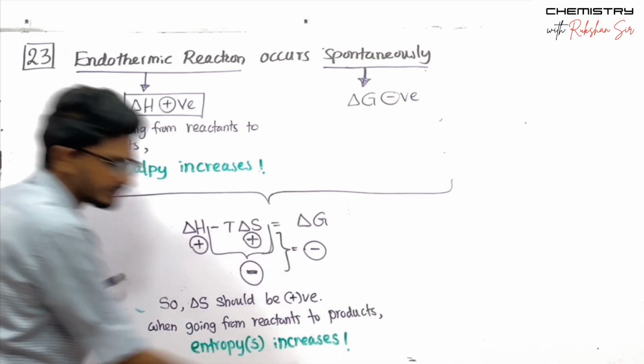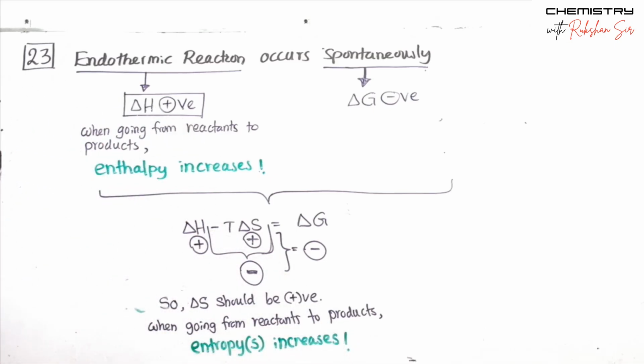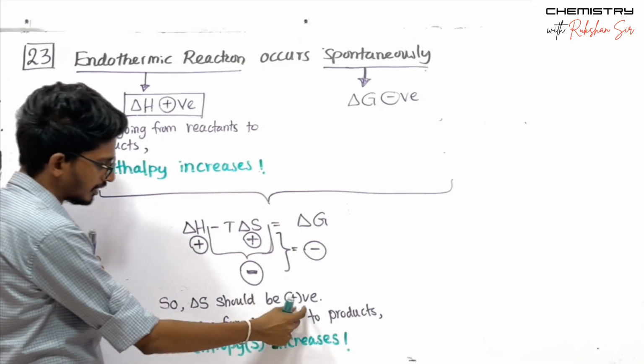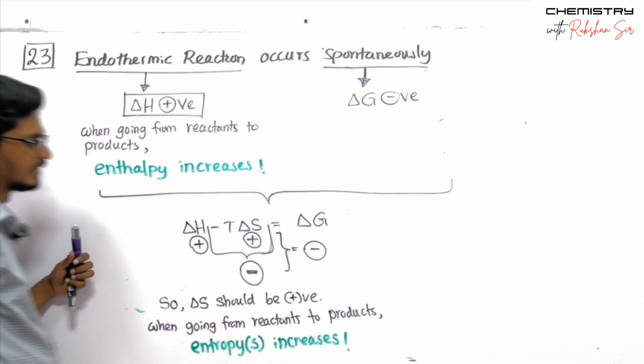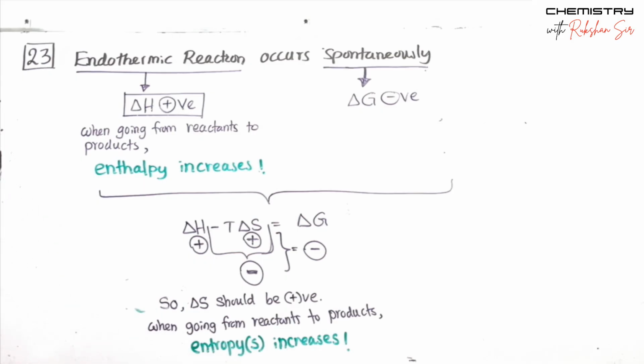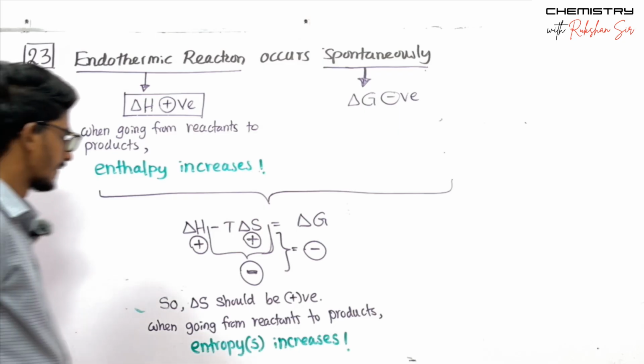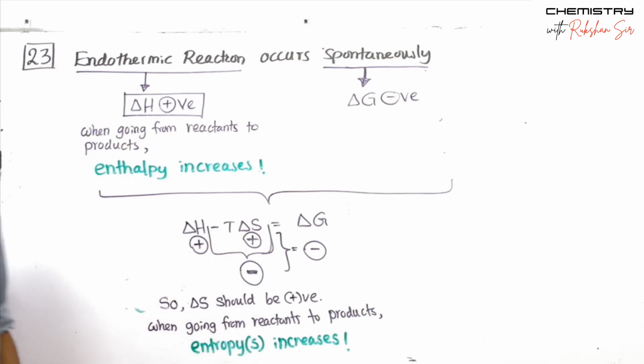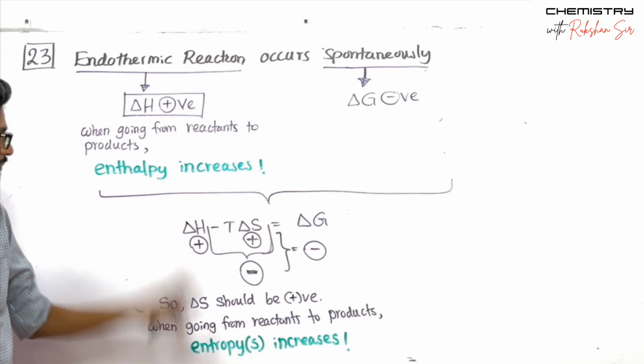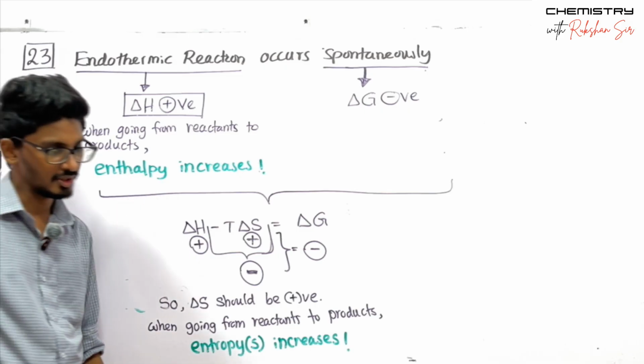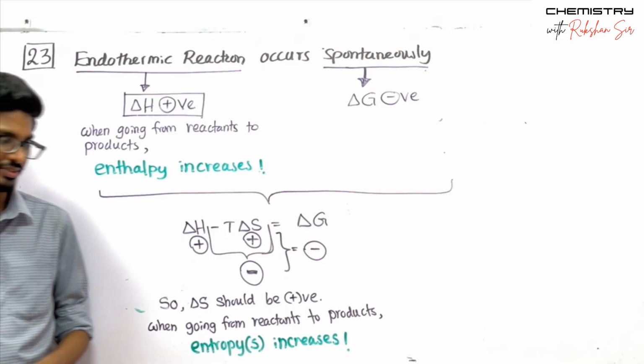Entropy increases. Right? The idea is clear, no? So delta S positive means S increases. So enthalpy and entropy both increase going from reactants to products. Do we have such an answer?